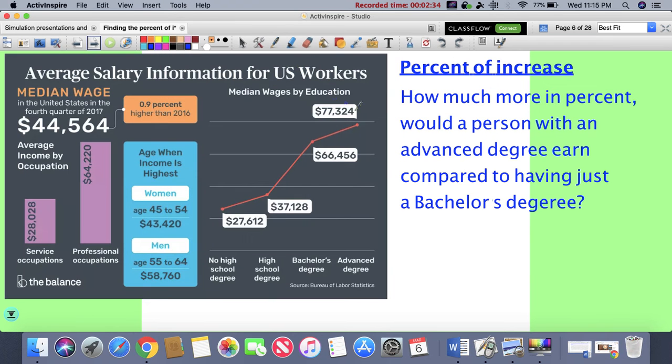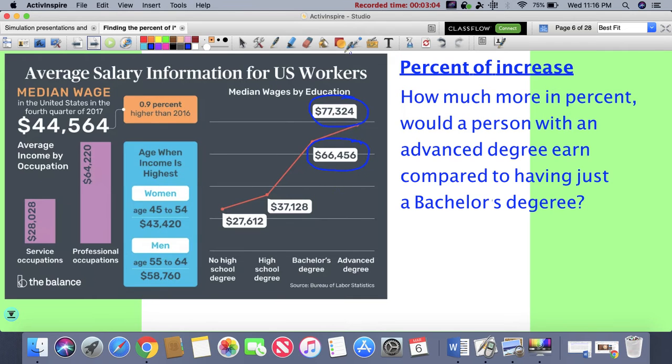Next one. So you can tell here the different wages that people make depending on how much school they have attended. People with no high school degree, they can make $27,612. People with an advanced degree, they can make $77,324. So we're asking how much in percent would a person with an advanced degree, somebody who is making this, how much more do they earn compared to someone who makes this?